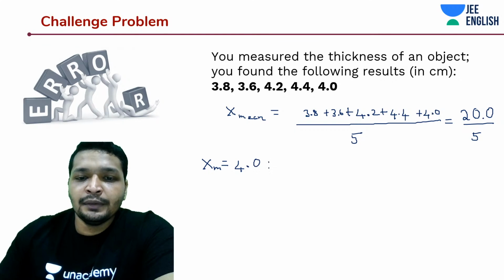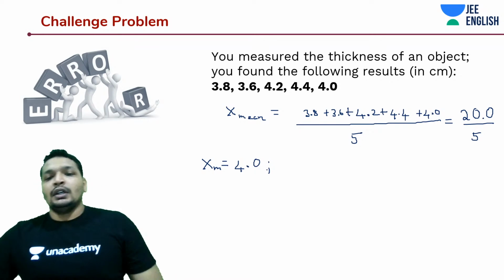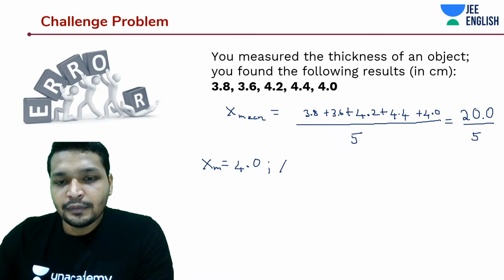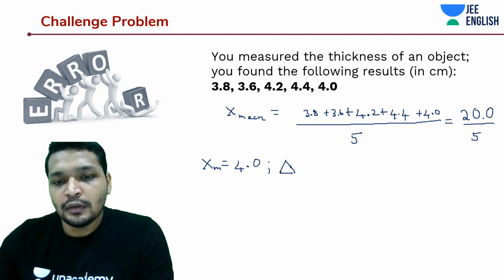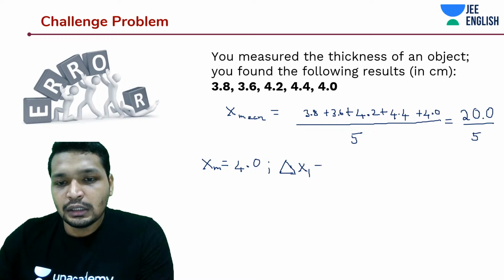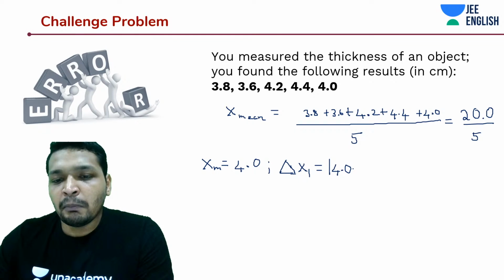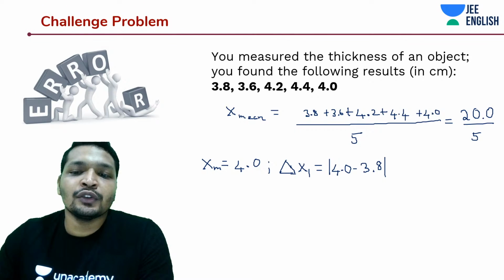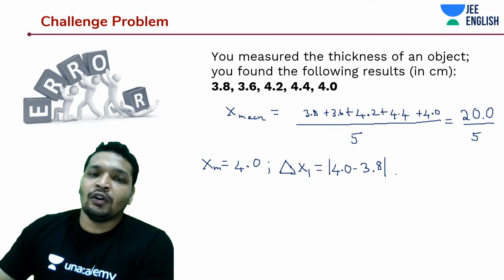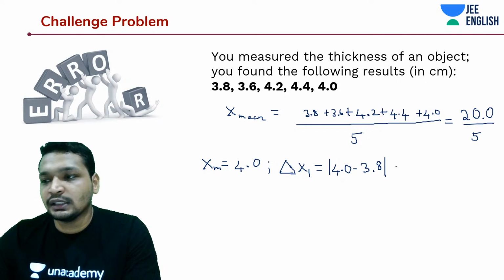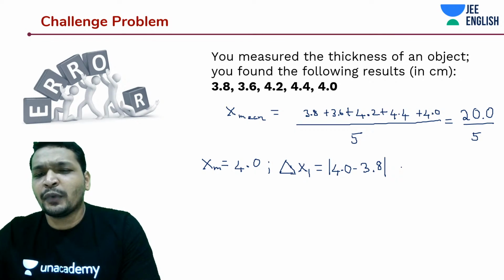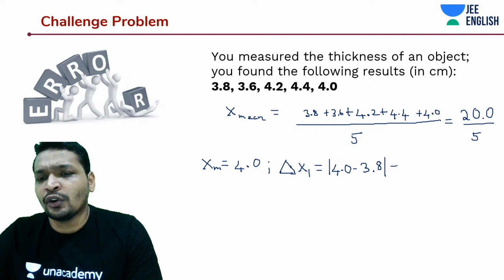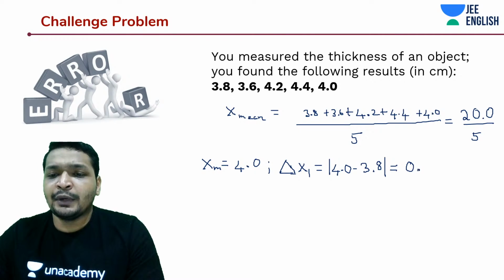How about each error? Delta x1 is going to be 4.0 minus the first value. Get into the habit of writing it as 4.0, even though you know, just for this, not for your exams, but while you're practicing, while you're watching the lectures, because this gives you a sort of habit.